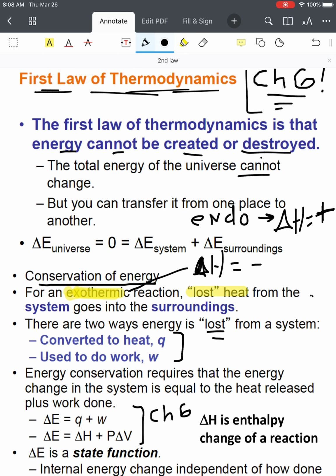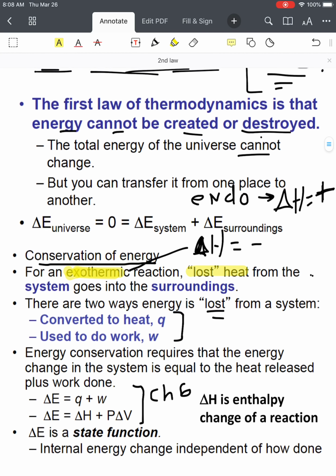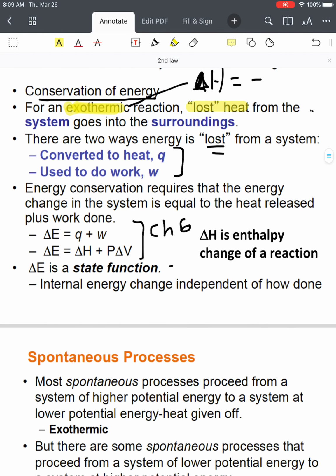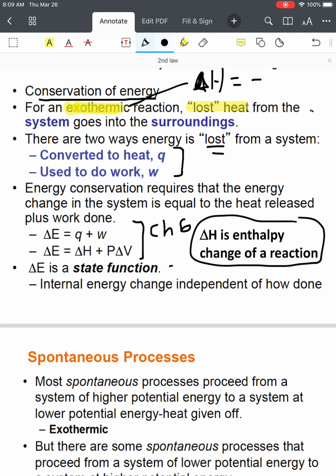You also learned that delta E, the change in internal energy for a system, is a state function. It doesn't matter how you get from point A to point B, as long as you go from a very specific spot to another specific spot, the delta E is conserved. You also learned that delta H is called the enthalpy change of a reaction, okay? Back to chapter 6.